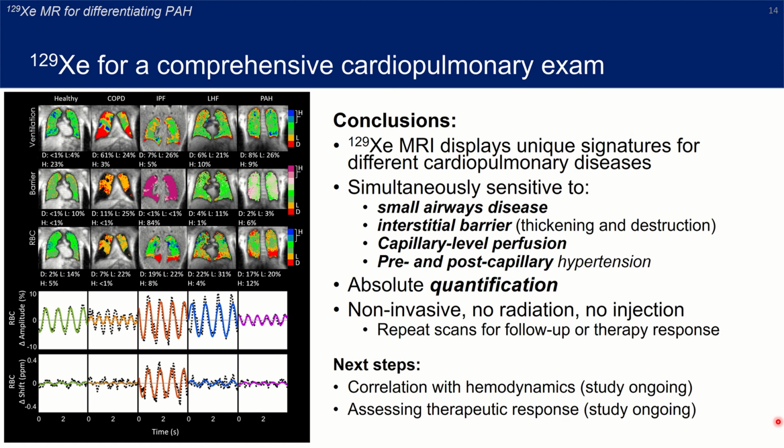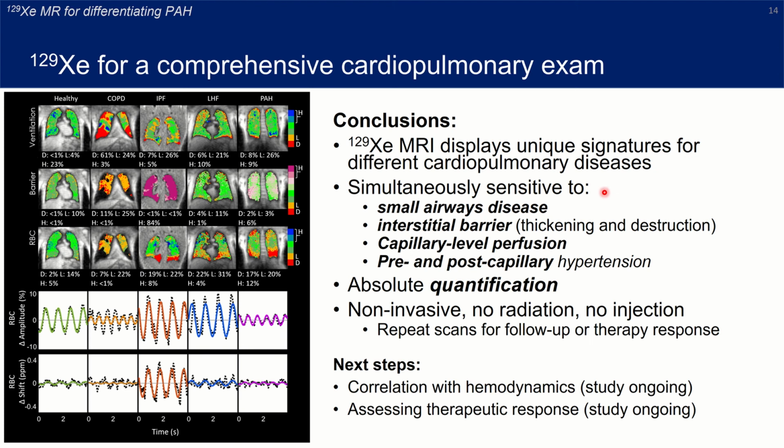So where I feel like this hyperpolarized xenon MRI technology has a place is in developing a comprehensive cardiopulmonary exam and working up patients with pulmonary hypertension and with unexplained dyspnea for any cause. It displays unique signatures for different cardiopulmonary diseases.